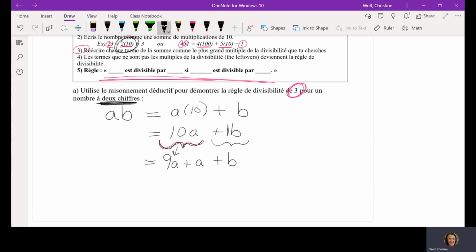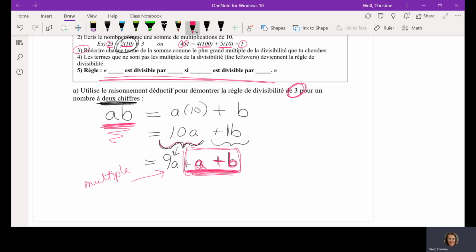Now, ce que tu fais, this is step 4 now, les termes qui ne sont pas les multiples. So these guys here, because this is a multiple de 3, right? So he's good. We take the leftovers, the ones that aren't multiples. Okay? Et ceci devient la règle de divisibilité. So remember how I said to prove that something is divisible by 3, you just add the digits together? Well, there you go. My digits were A, B. And now look at, in the end, I'm adding A and B, and that was the rule. When you add A and B together, it has to be divisible by 3.